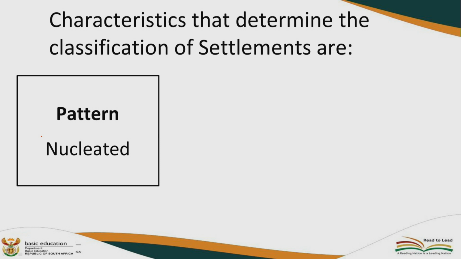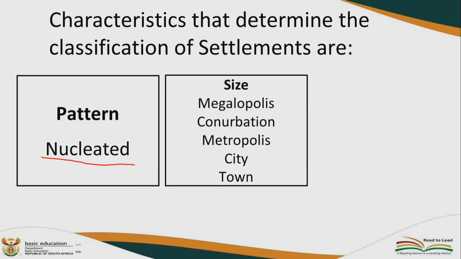The pattern of urban settlement is nucleated. And the size of the urban settlement, we do have different sizes. When we were doing rural settlement, you checked that they were classified according to size, pattern, and function, but they differ.